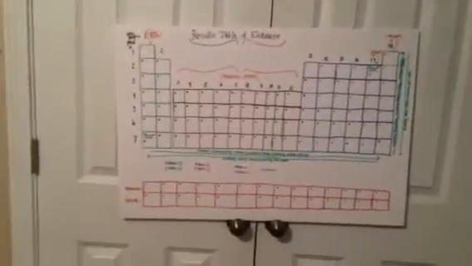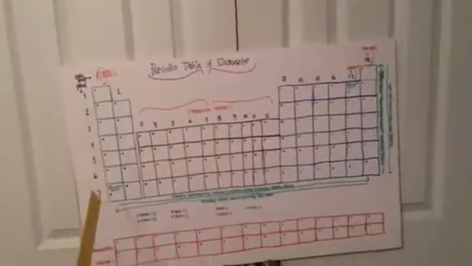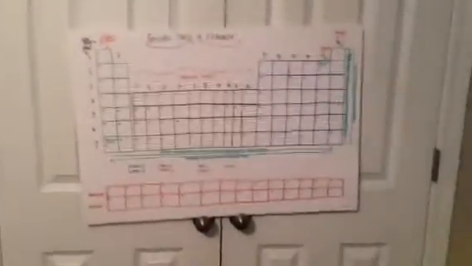And next I'll talk about the location of alkali metals, transition metals, halogens, noble gases, and lanthanoids and actinoids. Alkali metals are found in group 1, so this entire group is alkali metals.